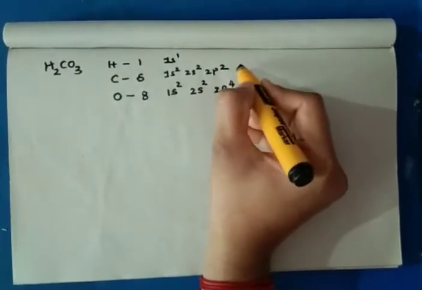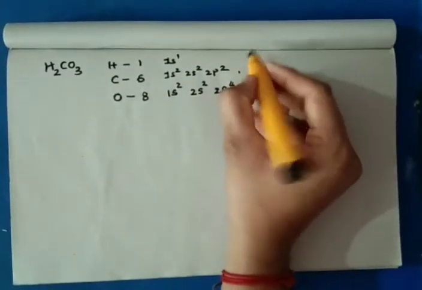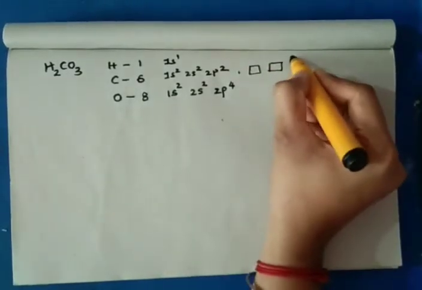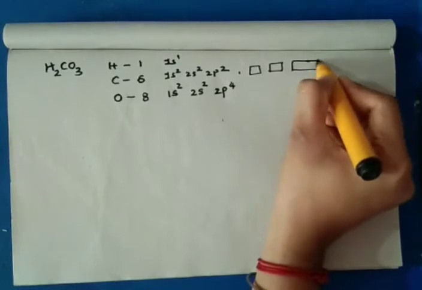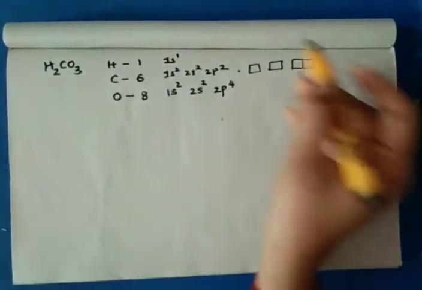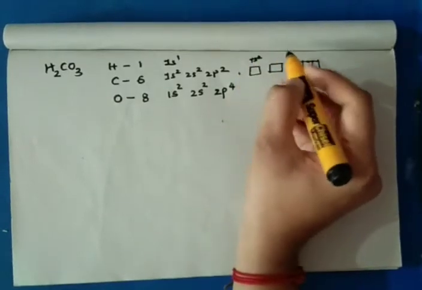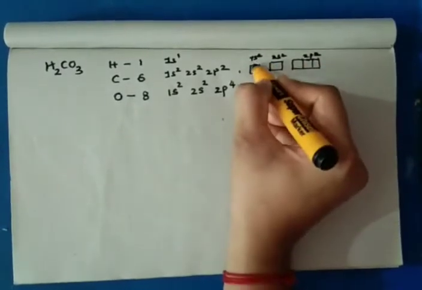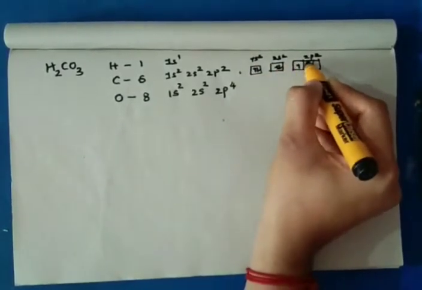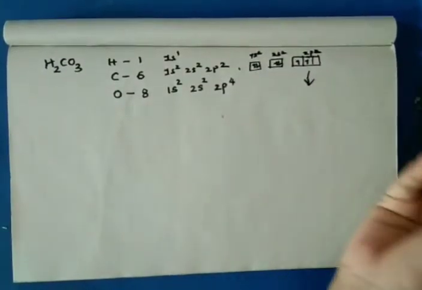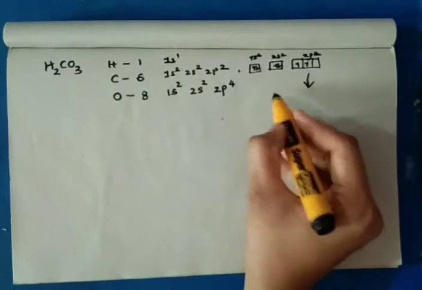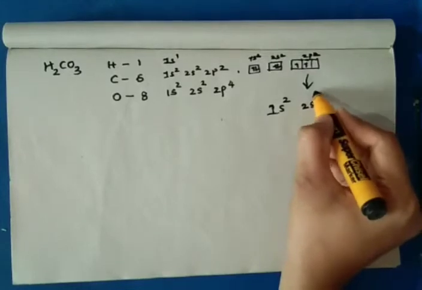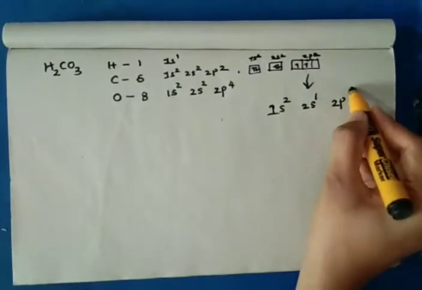Generally, carbon shows an excited state. In the ground state it is 1s2, 2s2, 2p2. But in the excited state, it shows 1s2, 2s1, 2p3.